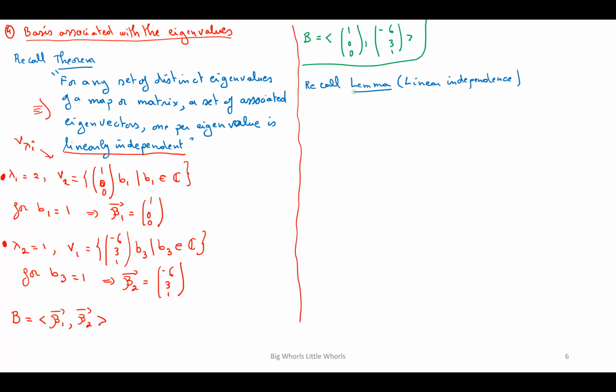Okay, the lemma says the following. A subset S of a vector space, okay, this is just extra, you don't need it, so you can just skip this, or you can just stop the video here.